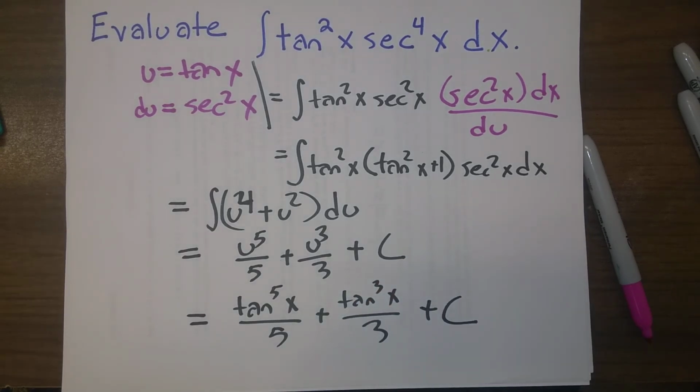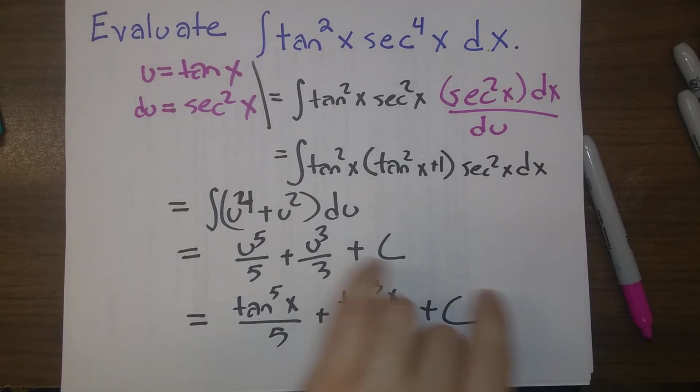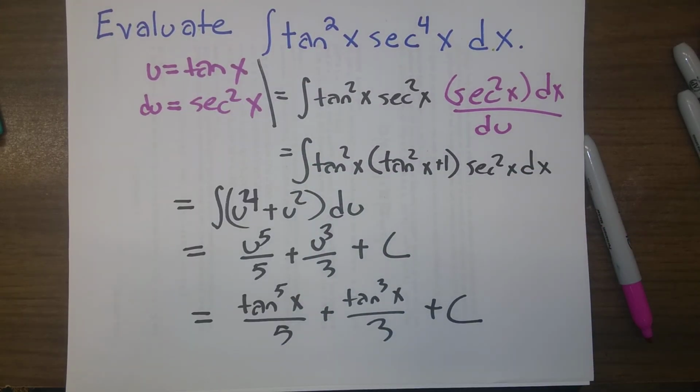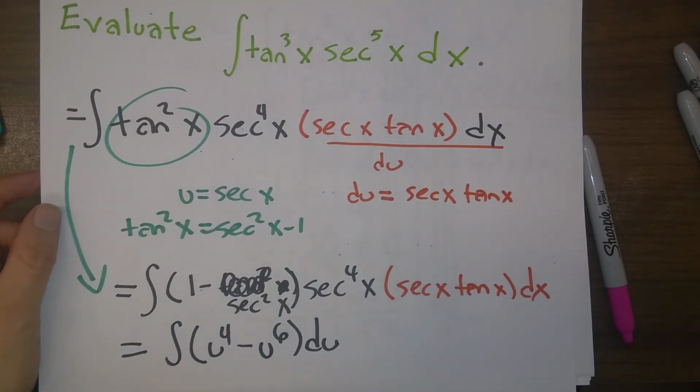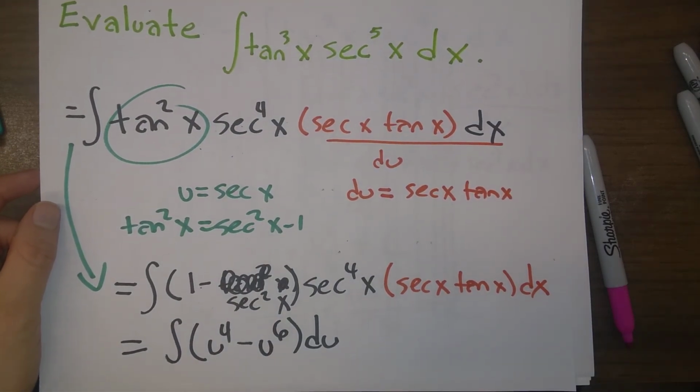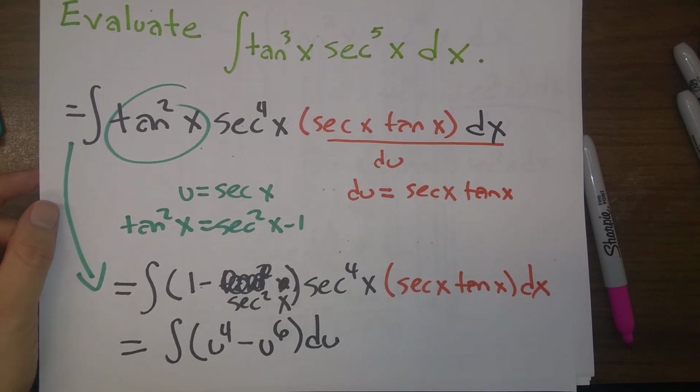And that is our final answer. So very similar process to before. We want to split off either secant squared x, so we substitute u is equal to tangent x, or split off a factor of secant x tangent x if we want to substitute u is equal to secant x.